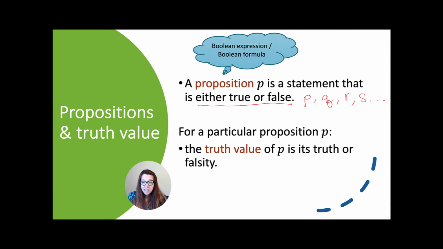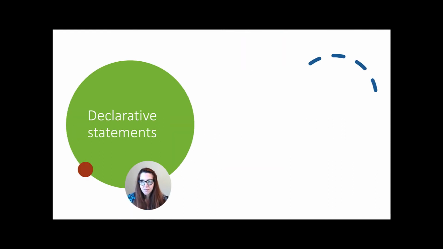So for a particular proposition P, each has its own truth value. And the truth value of P is its truth or falsity. So the truth value of P could be true or it could be false. Propositions are declarative statements. These are statements that are declaring a fact. They typically end in a period.